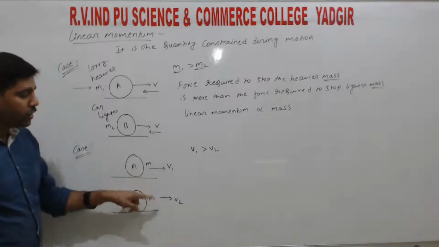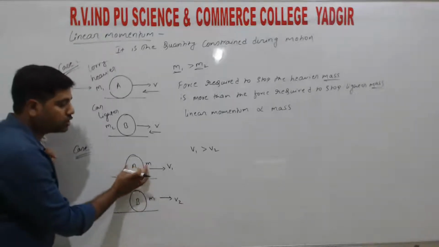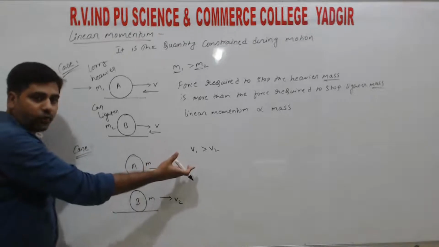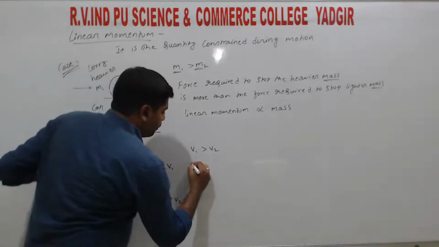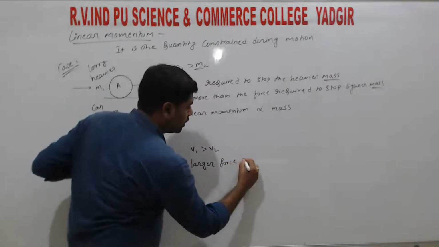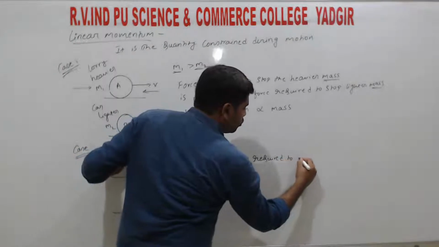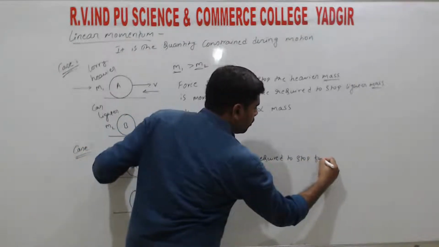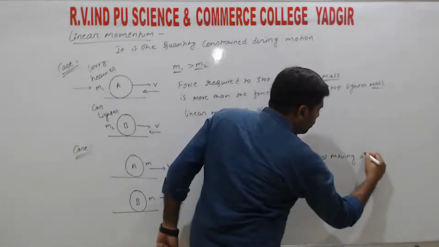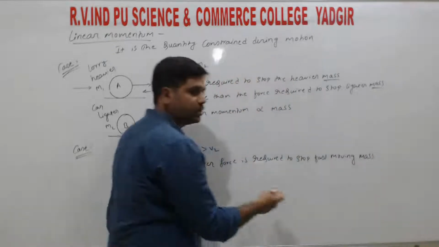So in this case also, to stop the fast moving object we require larger force, right? So larger force is required to stop the fast moving mass or object.